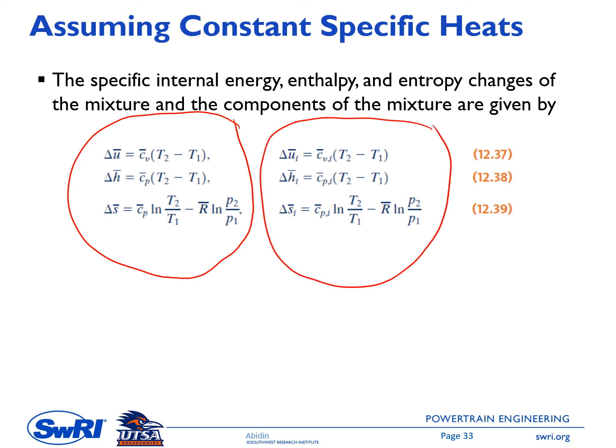For example, delta u bar, the change of the specific internal energy on a molar basis, equals Cv bar, also on a molar basis, times T2 minus T1. Next we have the formula for delta h, and on the right side we have delta ui, the change of the specific internal energy for component i, equals Cvi bar, on a molar basis as well, times T2 minus T1. And the last one here is for the change of the specific entropy.